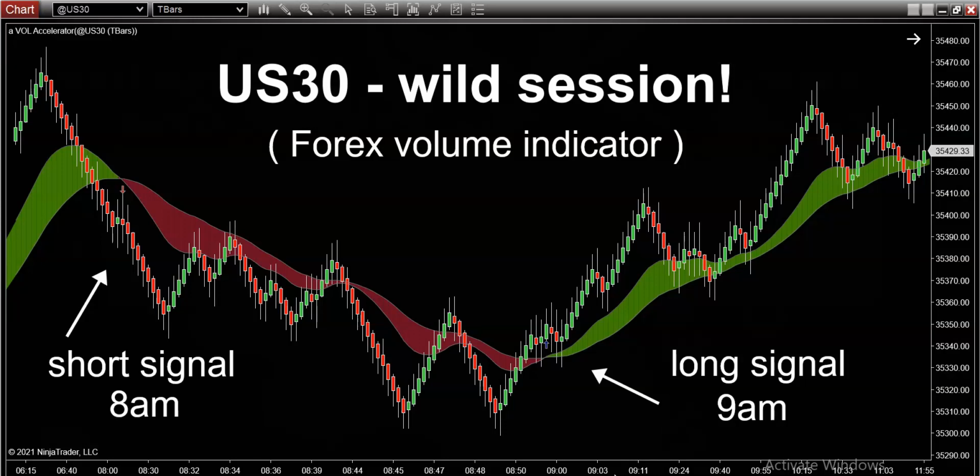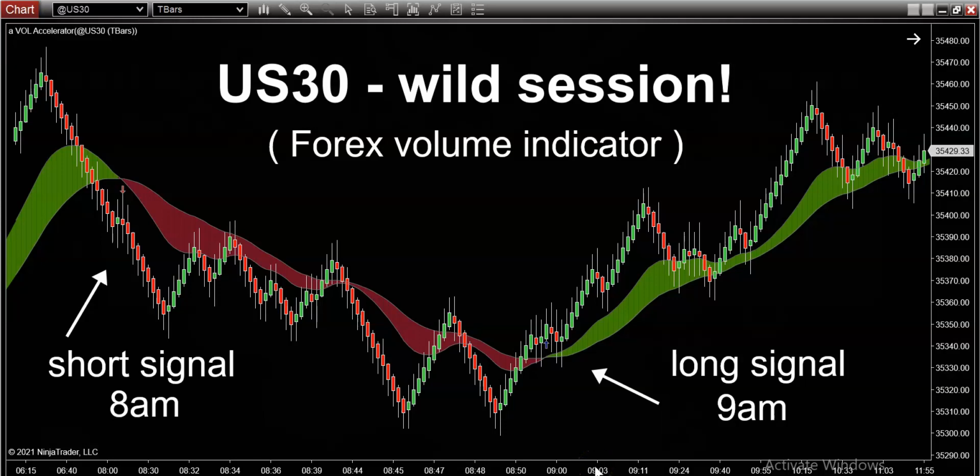This is just a clean price action based Forex volume indicator, and the only job that this trading indicator has is to change color to inform you whenever the trend also changes.